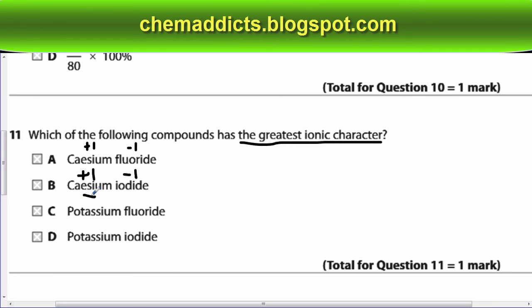Here potassium is once again +1, and fluoride is once again -1. The cations have +1 charge in each option, and each anion has -1 charge in each option.